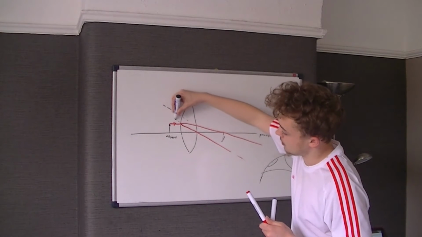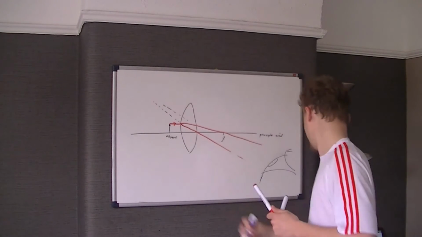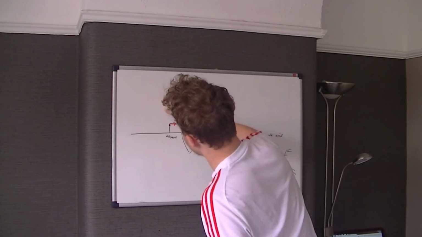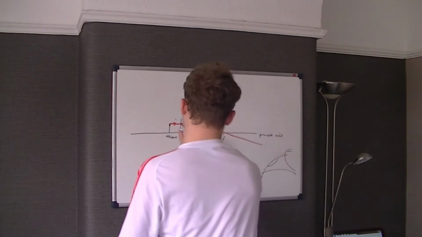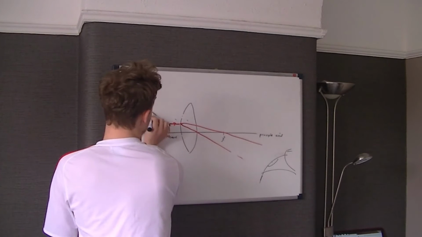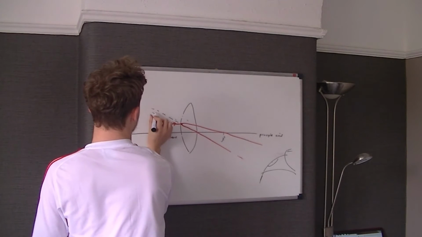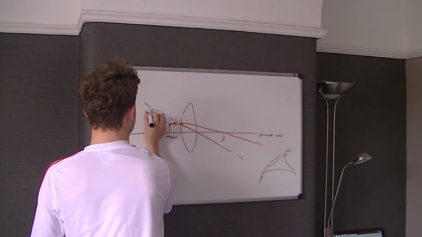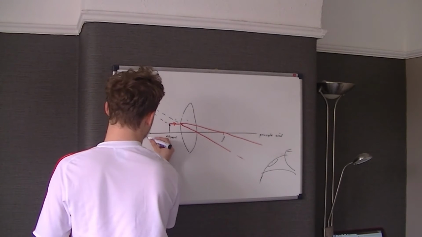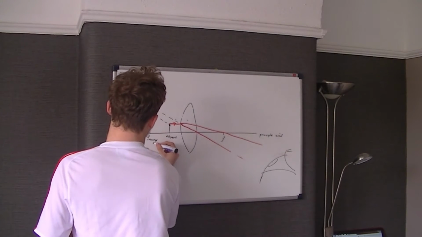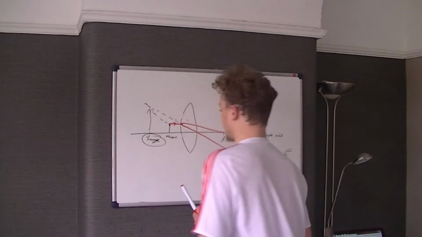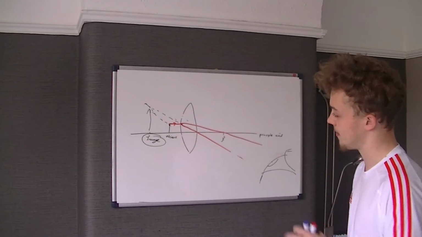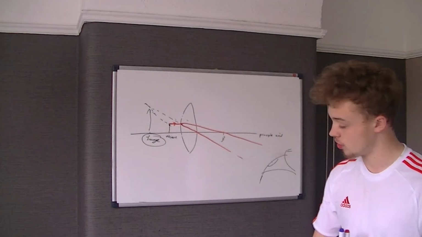One would be coming from the object itself, and the other would be coming from where the light rays went in. Where those two meet is where your image is. So less than one focal length, that's what your drawing would look like.